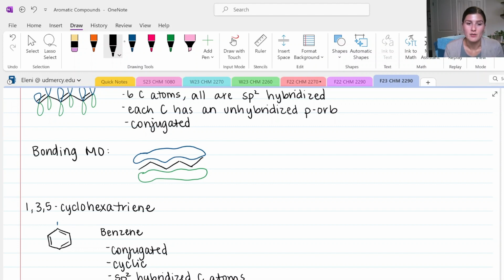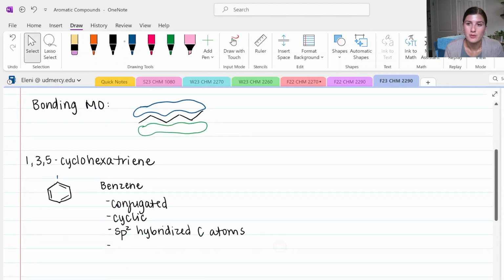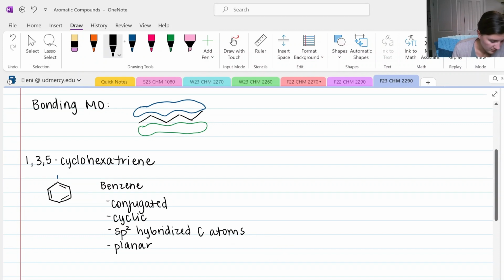That means that the full molecule is planar. And this is an example of an aromatic compound.